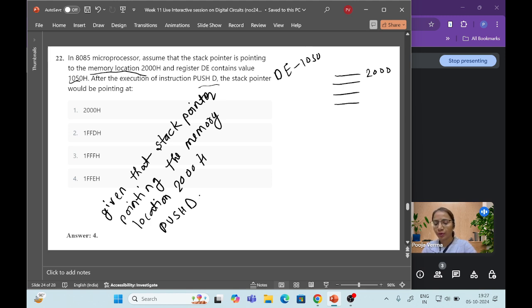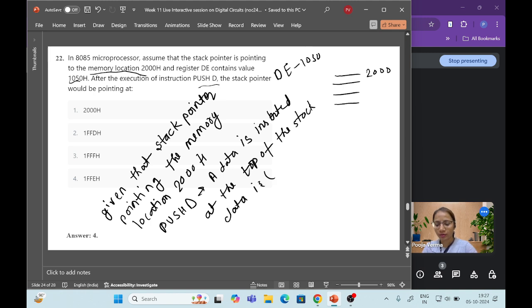If we perform the PUSH D operation, a new element, a data, is inserted at the top of the stack. The data is 1050H. This PUSH D instruction pushes the content of the D register pair onto the stack.